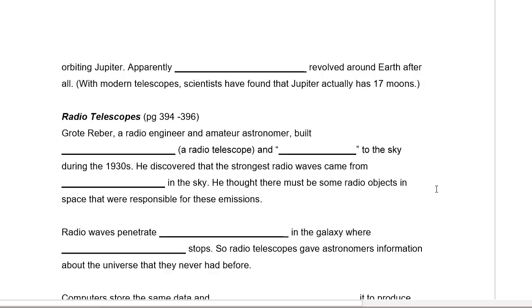This really meant that apparently not everything revolved around the Earth after all. With modern telescopes, scientists found that Jupiter actually has 17 plus moons. Just kind of one of those things.